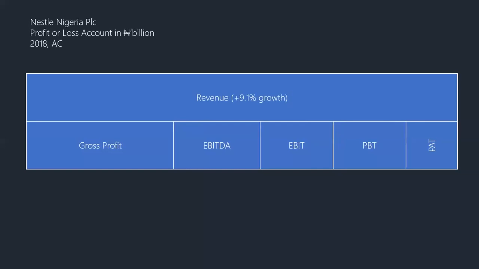So I noticed that regardless of the fact that the growth in revenue was decreasing, the gross profit profiles were somewhat the same, which means that they are managing their costs well. Exactly, exactly. One thing I want you to also understand is this: the fact that a company's revenue growth is lower does not mean there's no increase in the revenue.